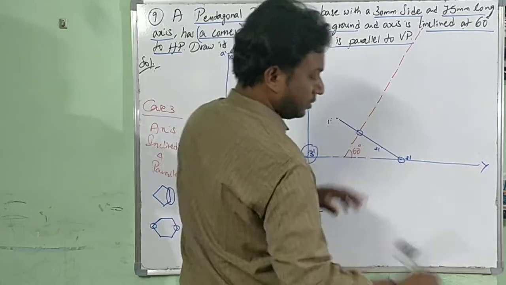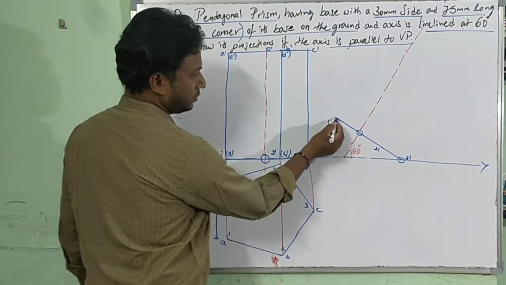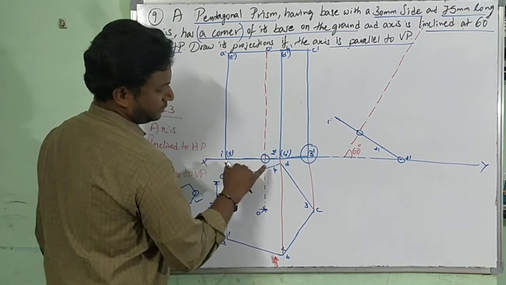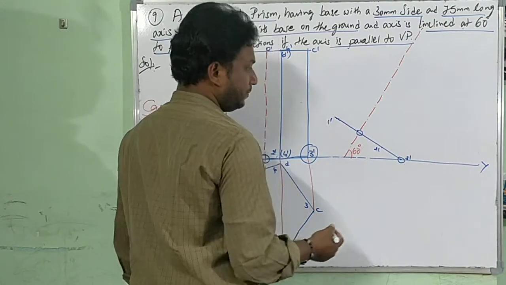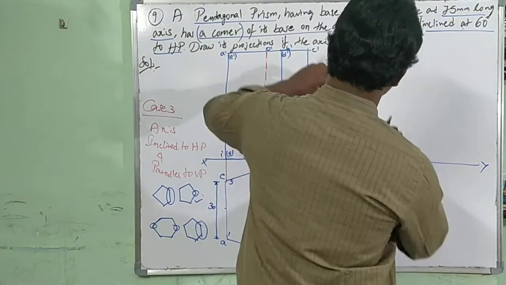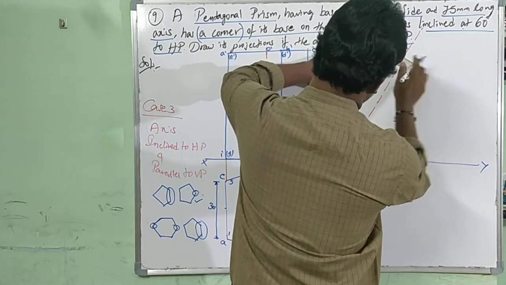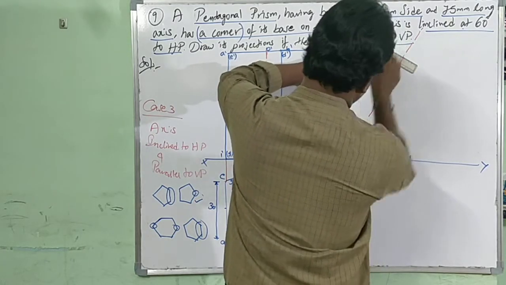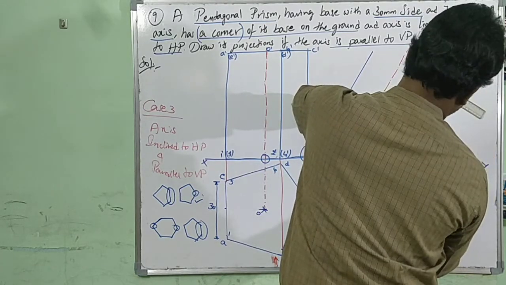Now draw that line. Once you draw, align it and take back this distance for 1 dash. Now simple, from here you have to complete the remaining part as it is.